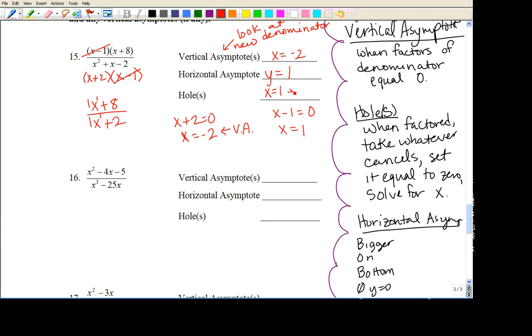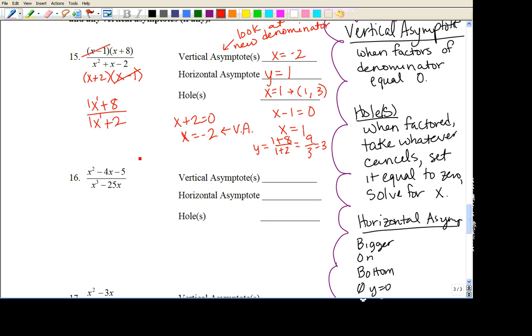If you wanted to find the point for that, you take that x equals 1 and you plug it back into your new equation and solve. So if we're looking for the y value for this point, just in case you're wondering, we'll have 1 plus 8 over 1 plus 2. So that's 9 divided by 3, and that equals 3. So that's actually going to be at the point (1, 3).